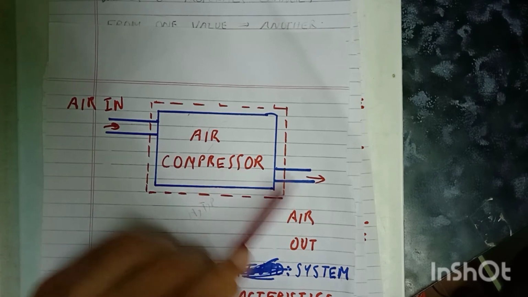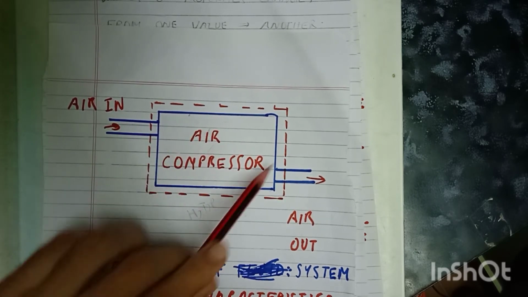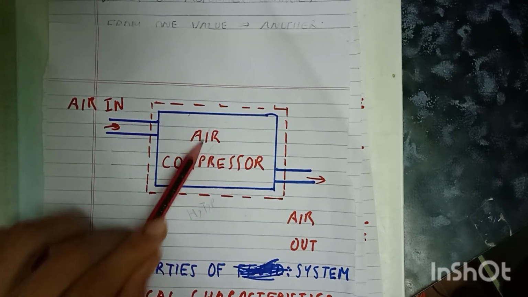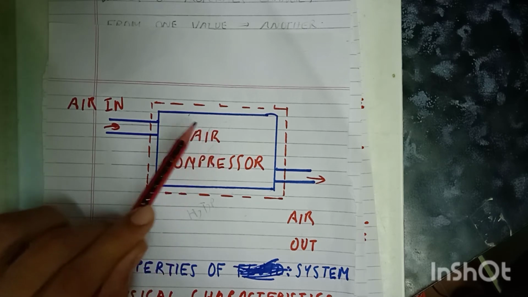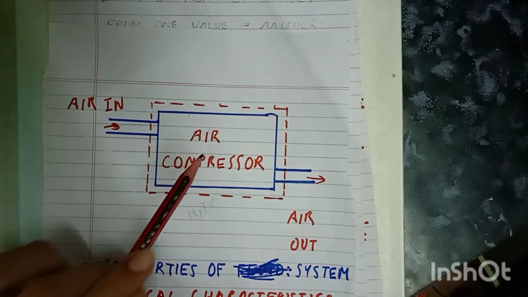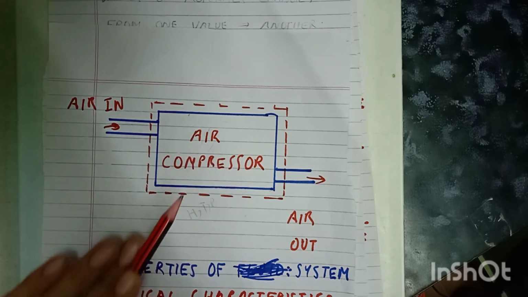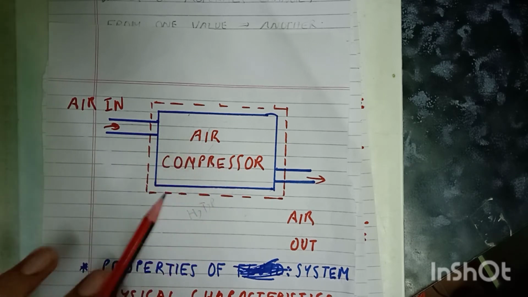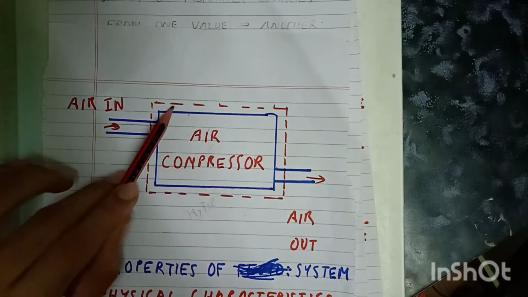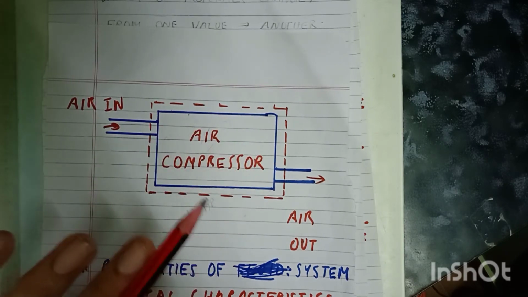Even though this process takes place, that certain volume in space is known as control volume. Sorry, it's defined as a certain volume in space. So you can see here that it is a certain volume, that is known as control volume.